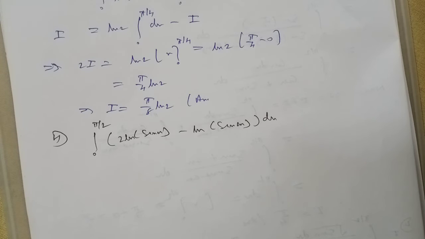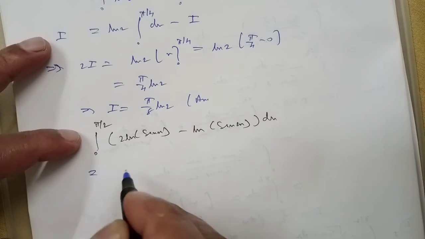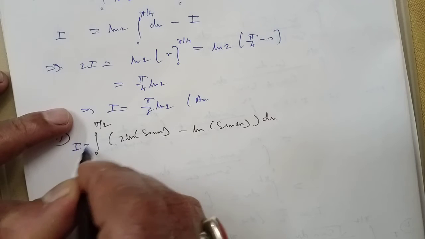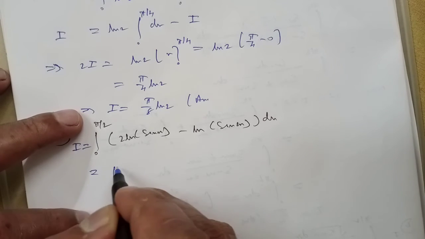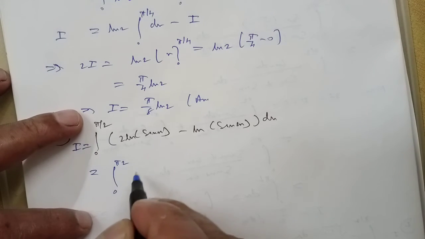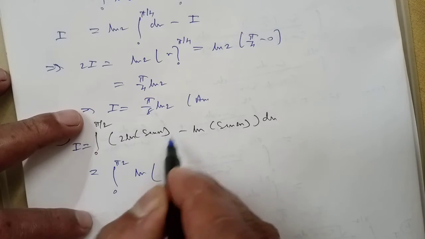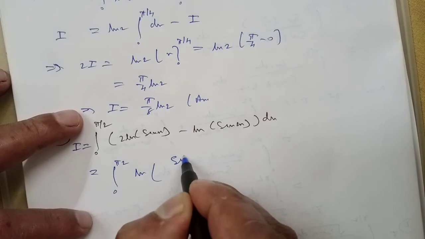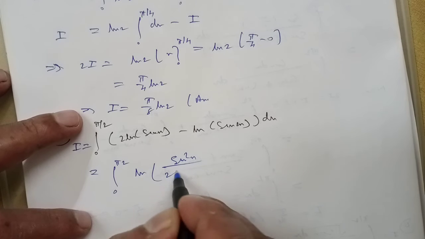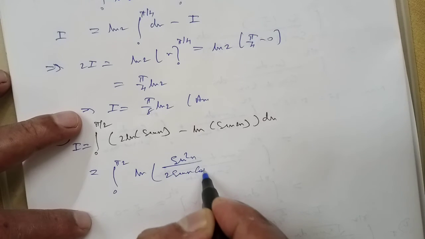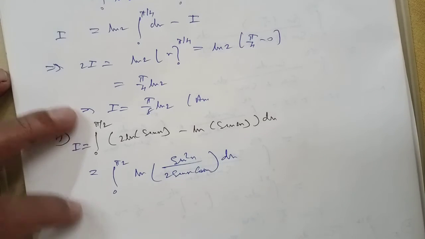Now you can write this as, starting with I obviously, integration 0 to pi by 2 of ln of sin square x by sin 2x, that is 2 sin x cos x, dx.